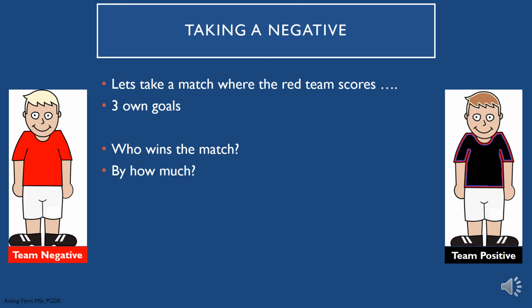By how much? By 3 goals. So how do we write this in maths? So we write minus 3. Okay, so team negative scored 3 goals against themselves. Okay, and it gives us a +3 result. So team positive won by 3 goals.